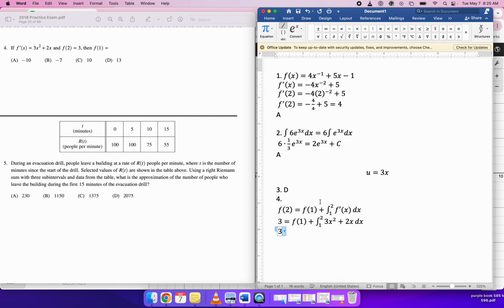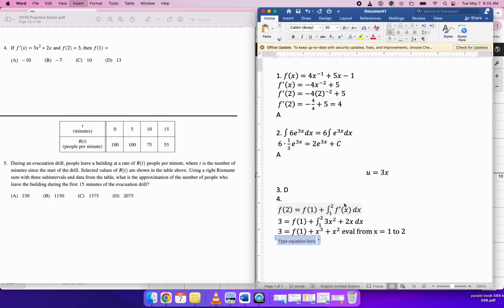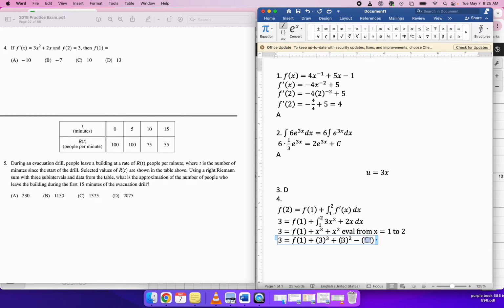which means that 3 is equal to f of 1 plus, okay, what is the antiderivative of this? It would be x cubed plus x squared, and we're going to evaluate that from x equals 1 to 2, which tells us that 3 is equal to f of 1 plus, sorry, not 3 cubed plus 3 squared, 2 cubed plus 2 squared minus 1 cubed plus 1 squared.